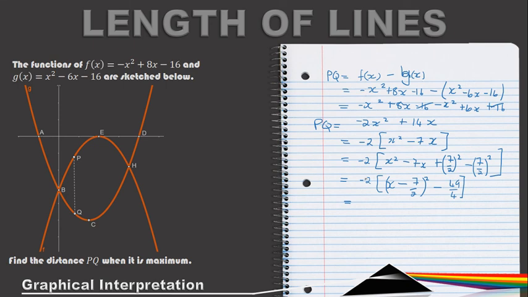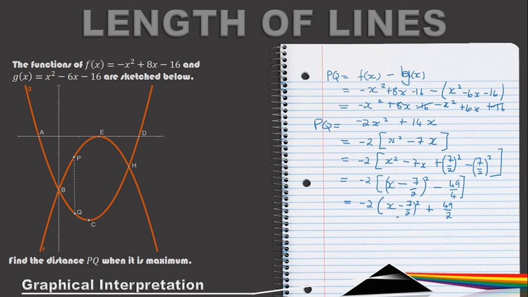So this then just multiplies in, so that's minus 2, and then x minus 7 over 2 squared. Just notice that it can't multiply into a square bracket, so it just stays there. And then minus and a minus is a plus, and then if I multiply with a 2, this 2 and this 4 will cancel, so we'll just have 49 over 2 left.